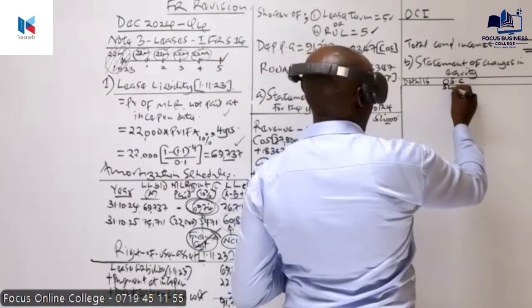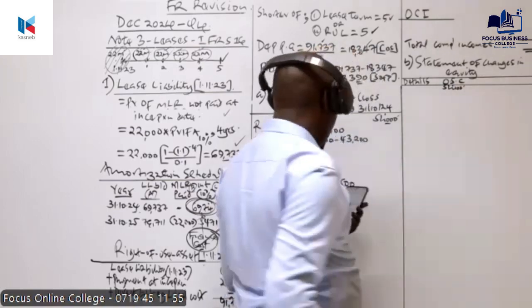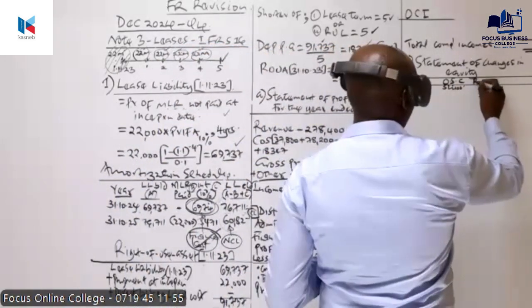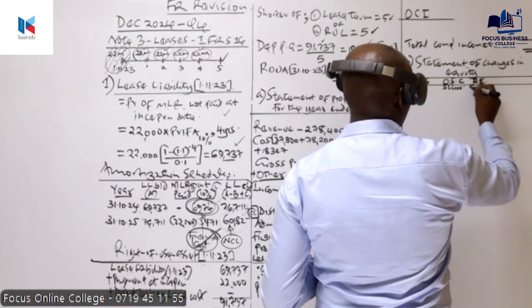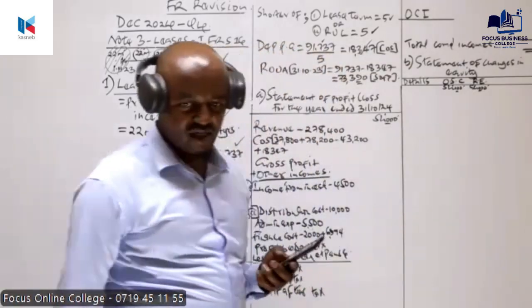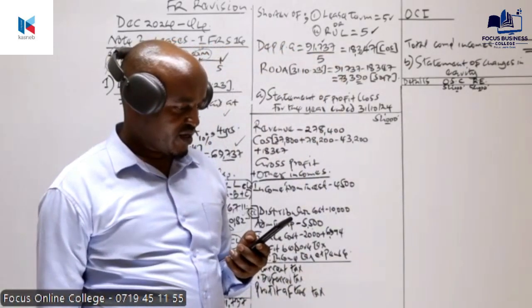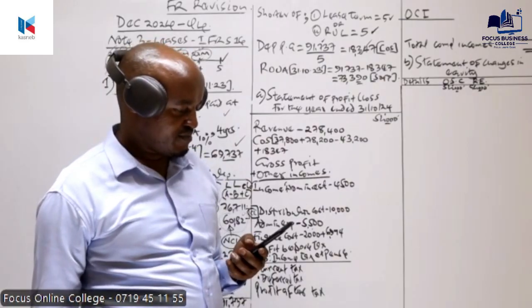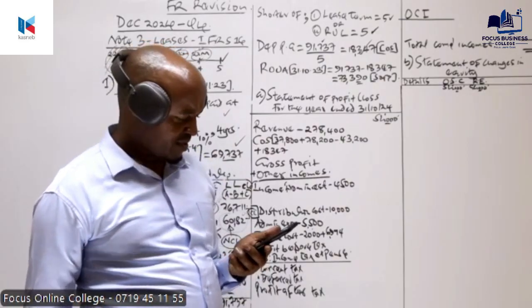Remember, our figures here equally are in thousands of shillings. So below that, I can see we have retained earnings. Then below that, we have 8% loan stock, account payable, deferred tax, bank balance. Actually, I think we don't have any other.